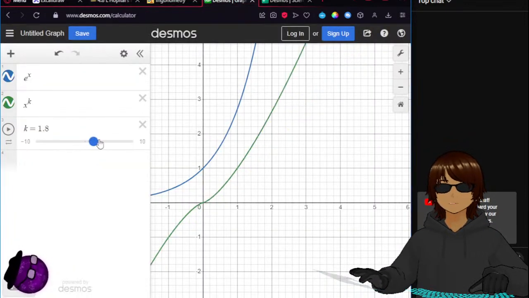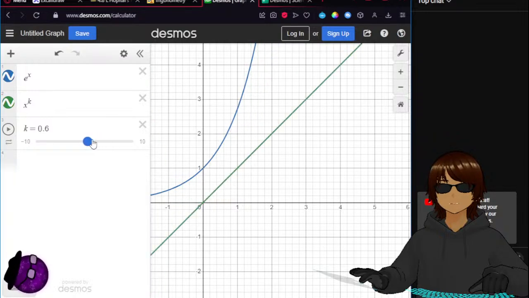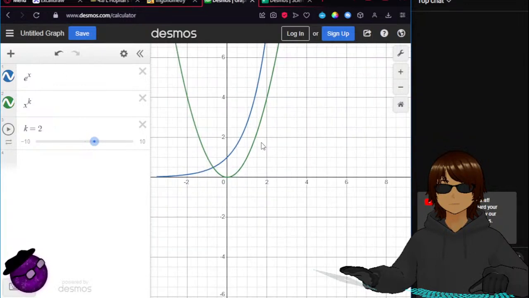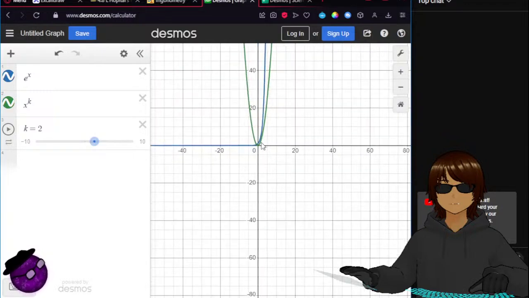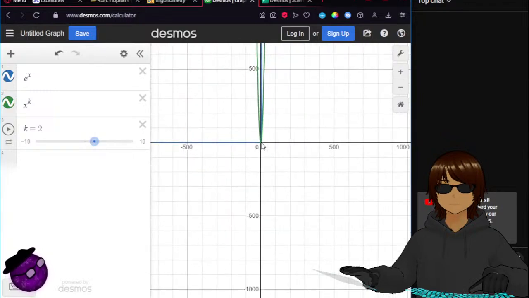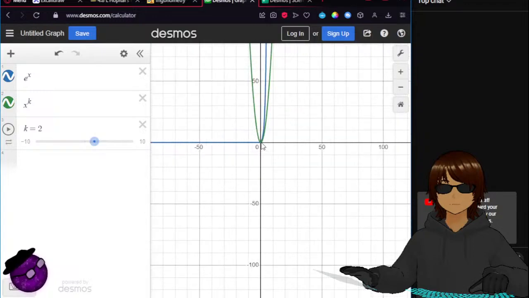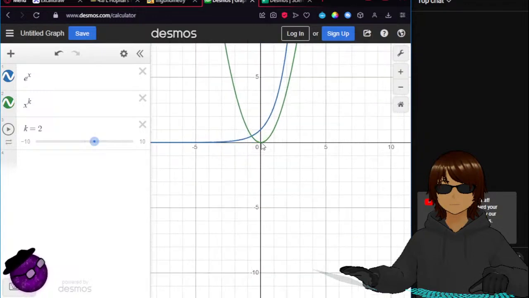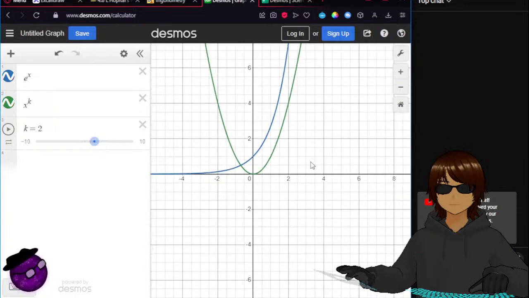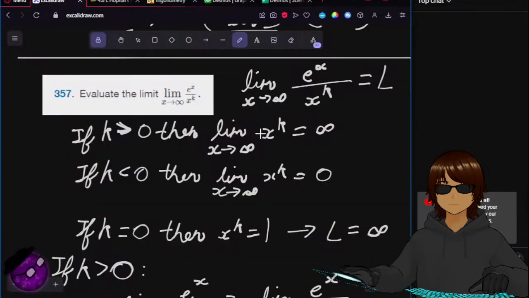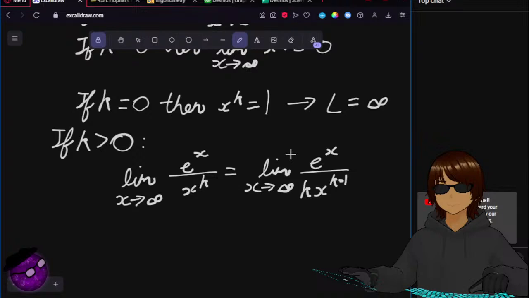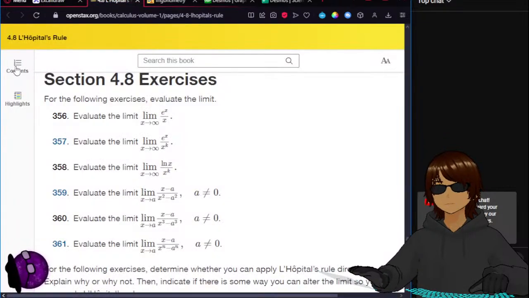Wouldn't e to the power of... what's the answer?